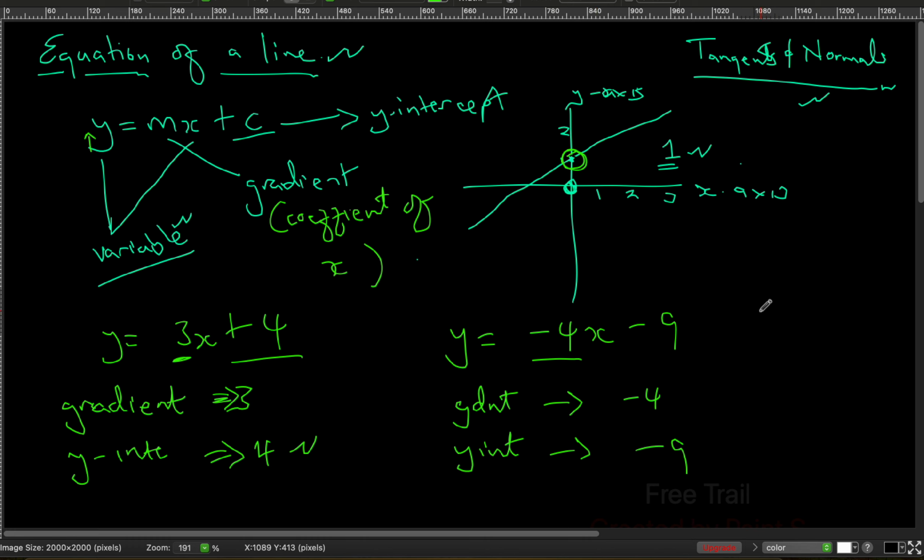Then I can get another equation like 3y equals negative 6x plus 9. Here I'm seeing my coefficient of y is not 1, so I will divide by 3 so as to clear this 3. If I divide this by 3, everything has to be divided by 3 as well.